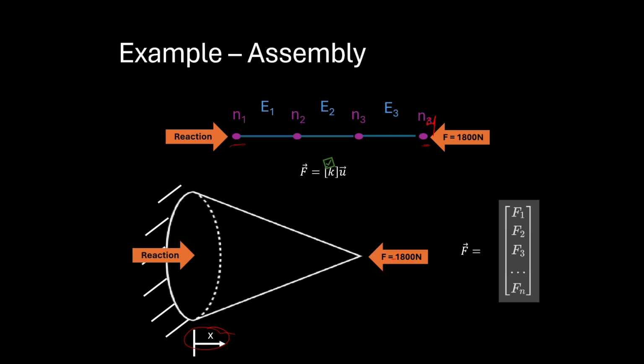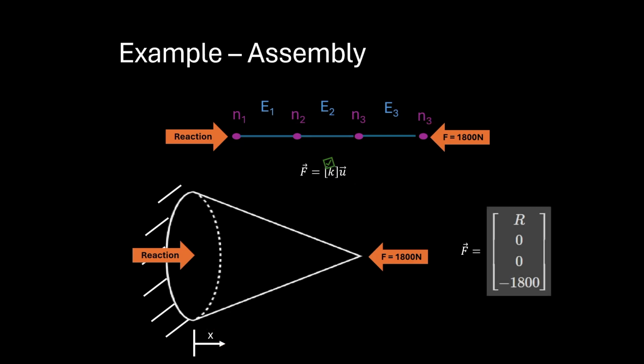So plugging that into our F vector, we have R for reaction in node 1 space, and then we have 0 and 0 because there's no forces acting on node 2 or node 3, and a negative 1800 Newton force on node 4. So our F vector is ready to go.